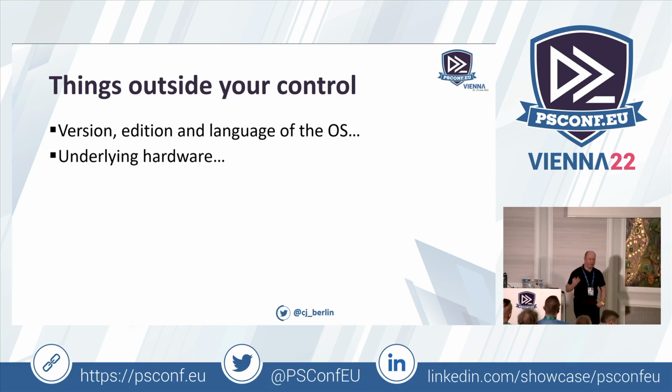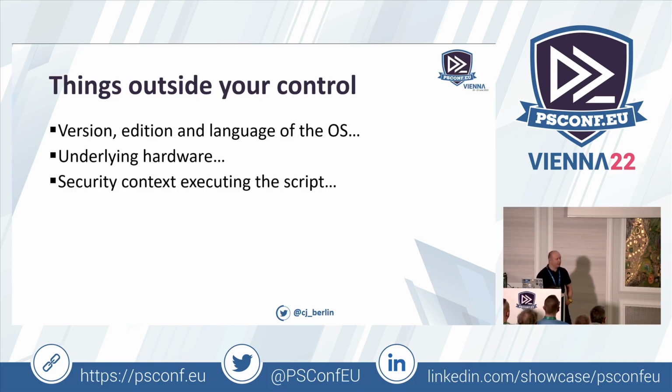Underlying hardware. If I'm doing something within my script that relies on the system having at least 4 processor cores or at least 4 gigabytes of RAM, it may not run as intended if the system is not that well equipped. Security context. This is the most important one by far.